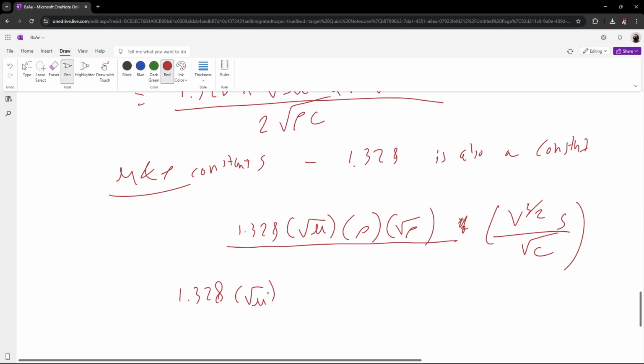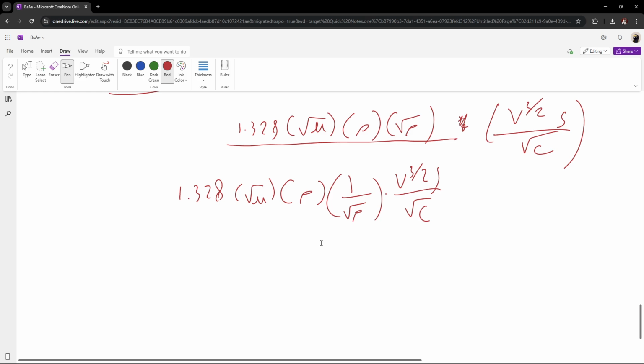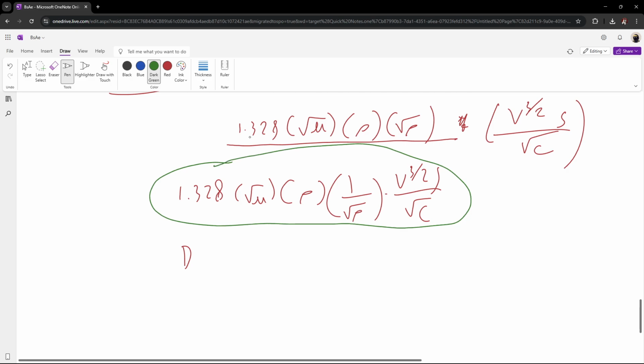Rho of nu, rho, V to the 3 over 2 S C. This is the general formula for total drag, skin friction drag.